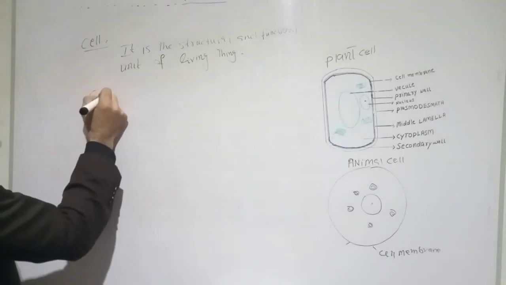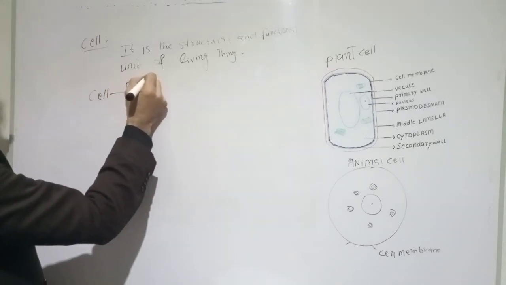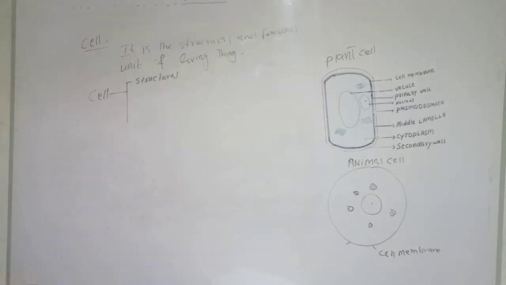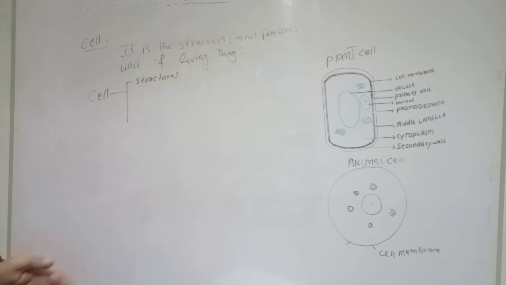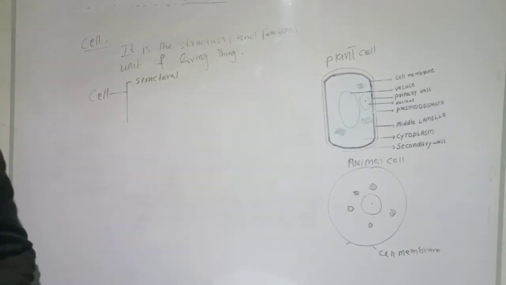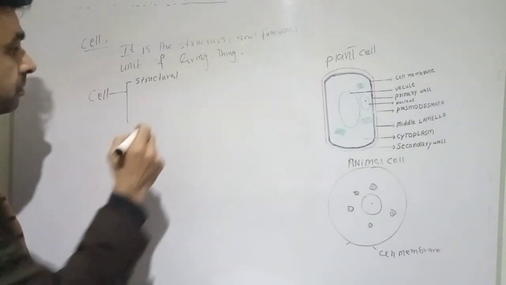Cell structure. Structure means, let's suppose, a building. What is a building? A building is made of bricks.